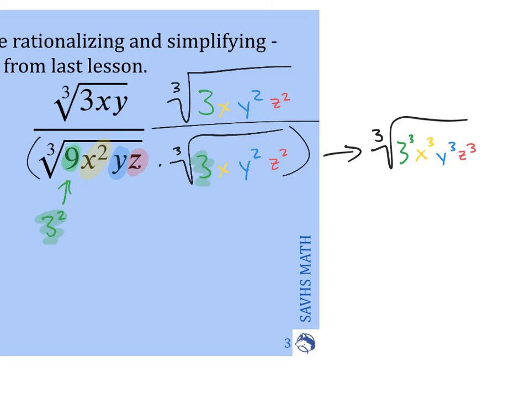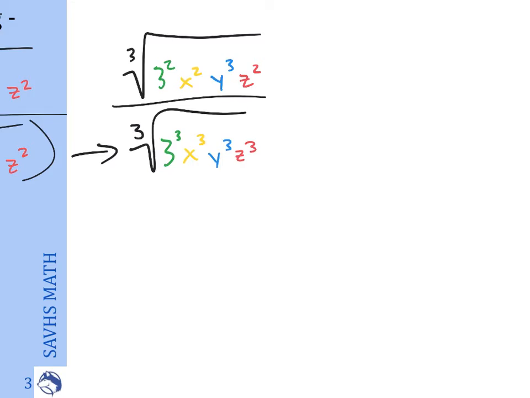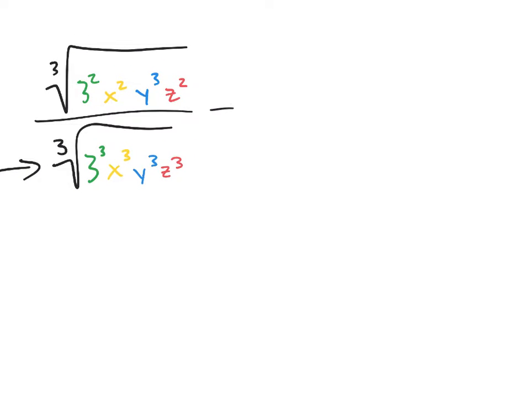Okay, what do I get on the top? Now I have the cube root of 3 squared, x squared, y cubed, and just 2 z's, so z squared, like that. Okay, on the bottom then, I can rewrite this as 3xyz.